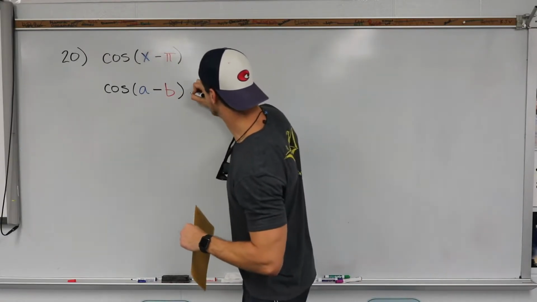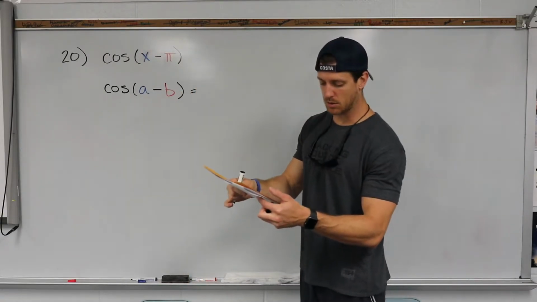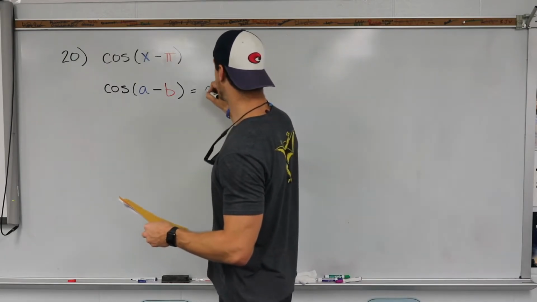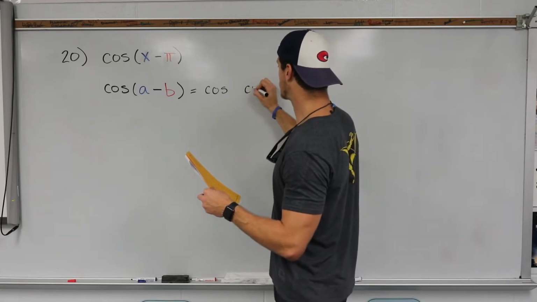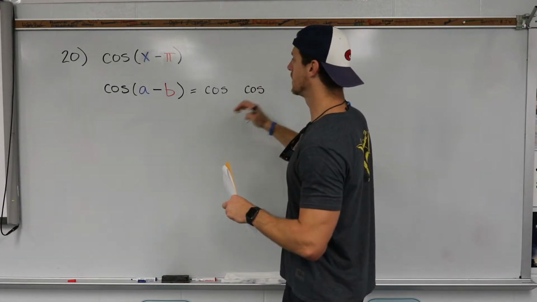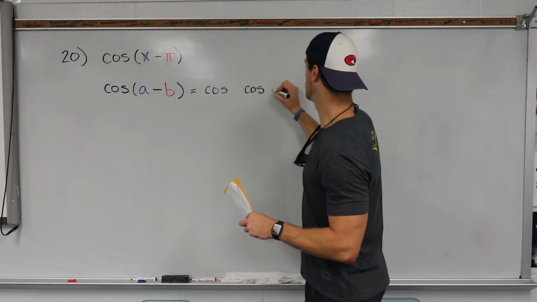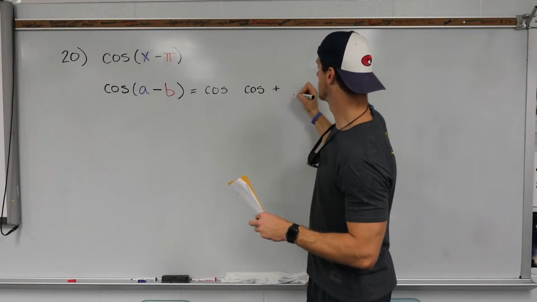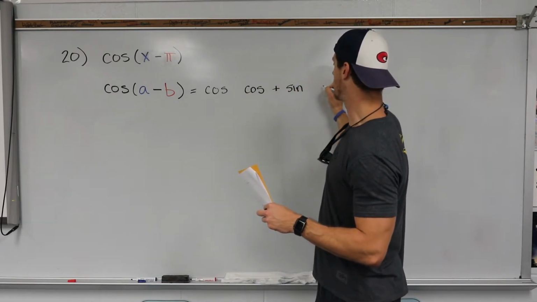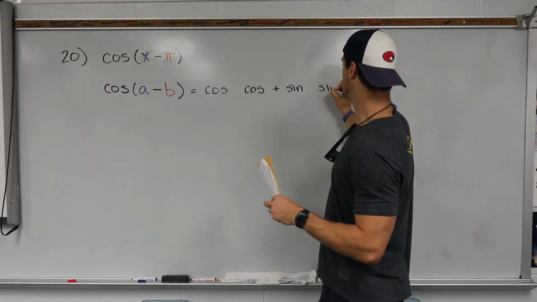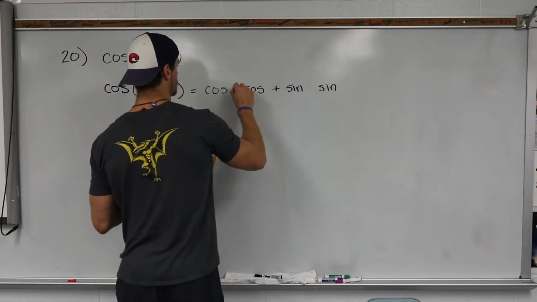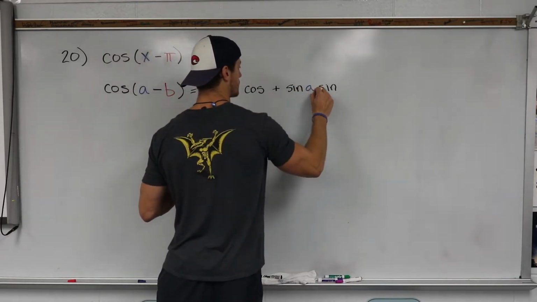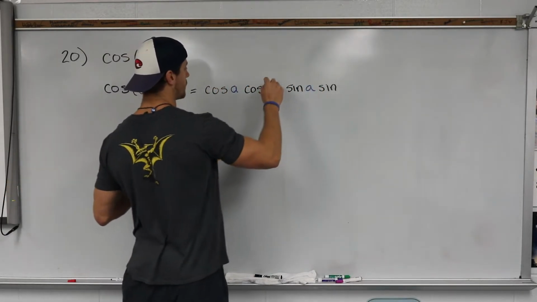How would I expand this? Looking at my identity on number 14, this is just simply cosine of A, cosine of B, it's opposite with cosine, plus sine of A, sine of B. Of course, you know me, I like to put my colors here.